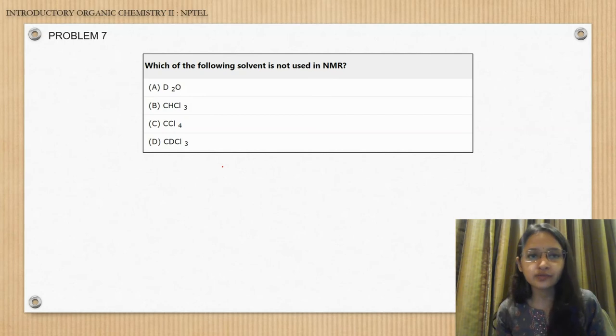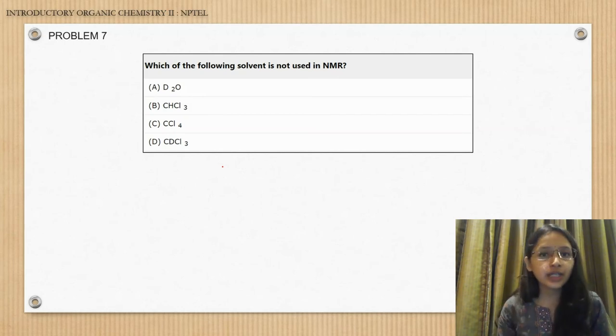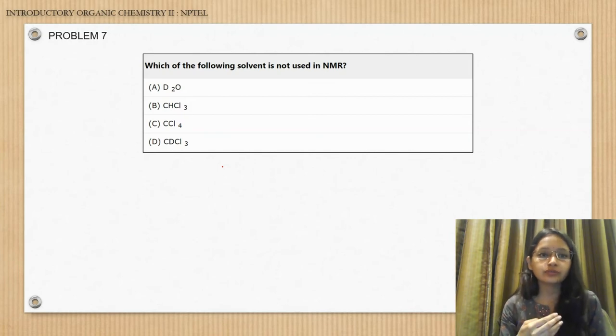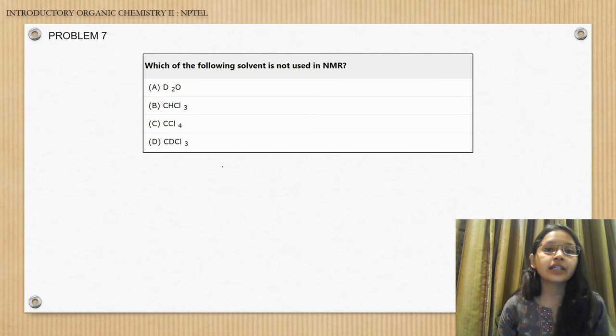Why deuterated? Because deuterium doesn't resonate at the same frequency as 1H. Deuterium and hydrogen have very different resonance frequencies. That is why we use deuterated solvents, not solvents containing protons, which would give such a sharp signal that your compound signal gets diminished, because you use the solvent in excess.